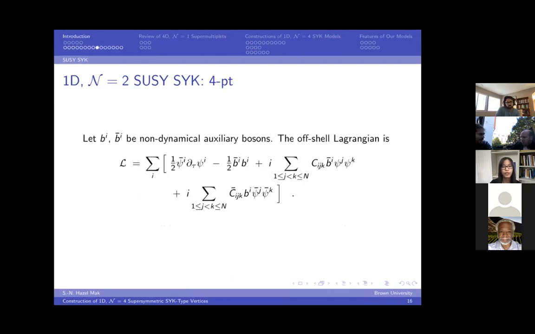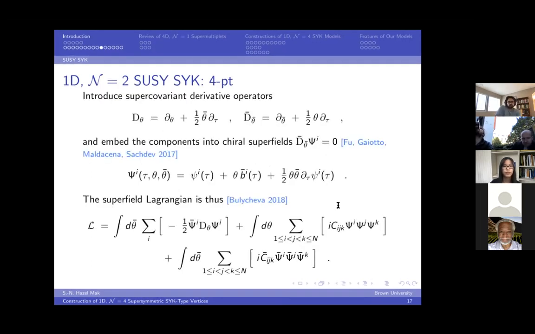And again, we can introduce some auxiliary bosons, B and B bar, and then write down an offshore Lagrangian that looks like this. And then we can introduce some supercovariant derivative operators. And also we can introduce some superfields, but now we are focusing on chiral superfields.